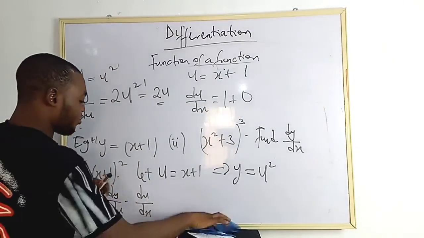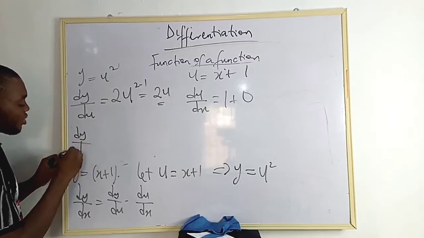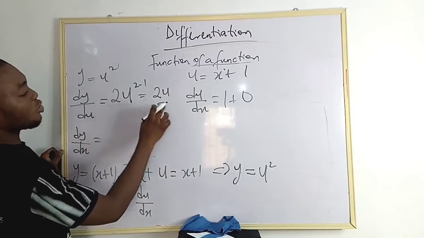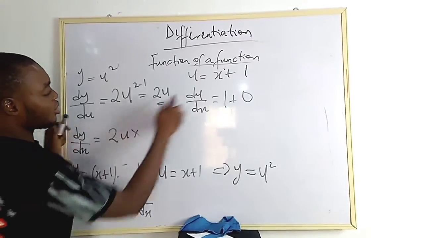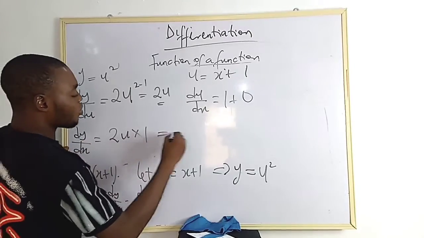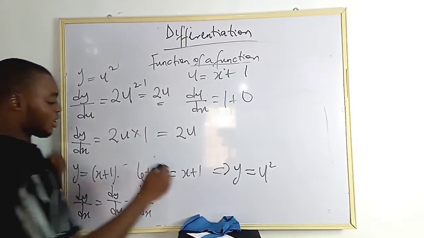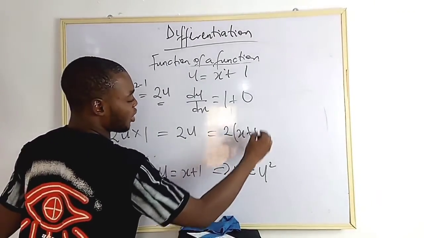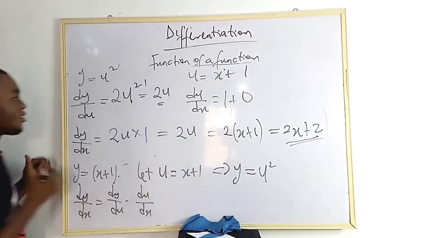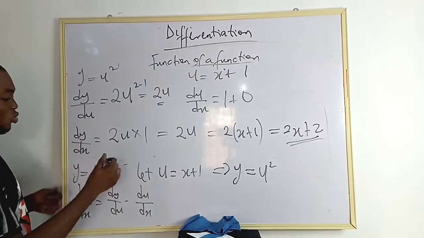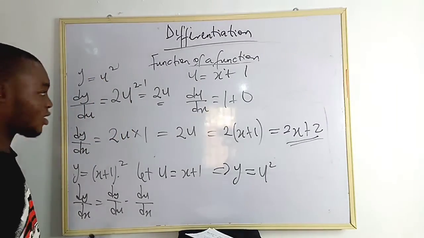From the formula, dy/dx equals dy/du times du/dx, which is 2u times 1, which equals 2u. But our u equals x plus 1, so this is 2 into bracket x plus 1, which equals 2x plus 2. So the derivative of y equals (x plus 1) squared is 2x plus 2.